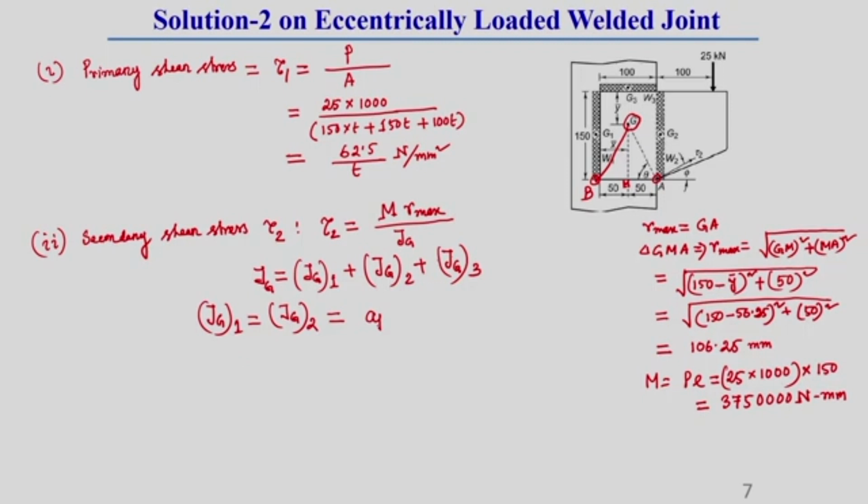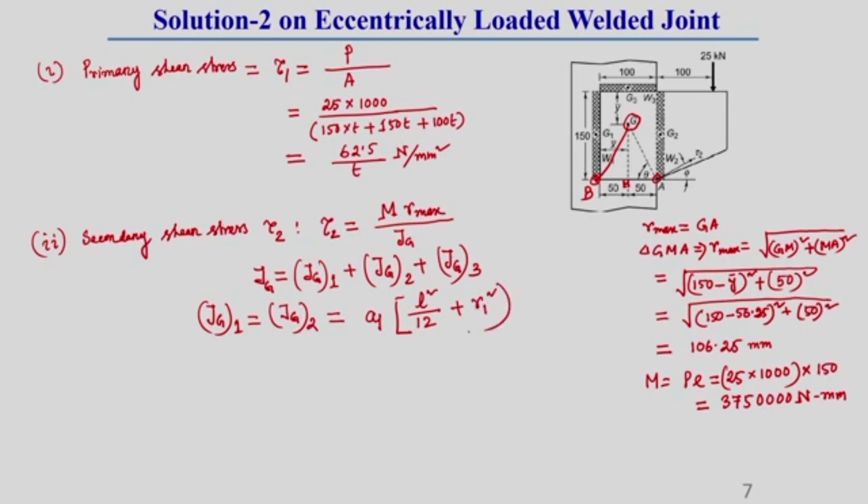Jg1 or Jg2 will be the area of that weld about the throat cross section, because we are calculating the polar moment of inertia of all throat cross sectional area of weld. Weld 1 or 2 both have the same cross section, that is why A1 I have written, into the length of weld 1 or 2, L square by 12, plus R1 square.